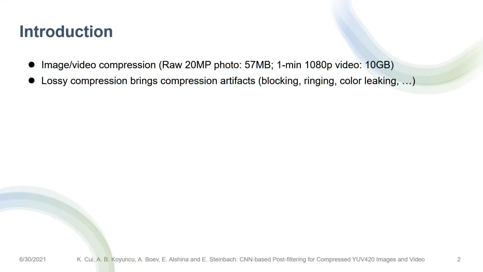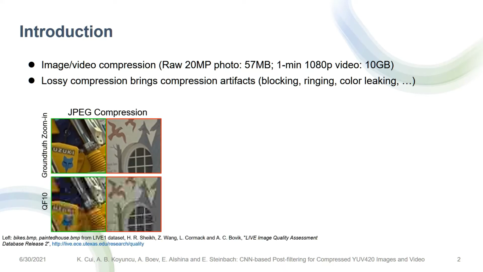However, lossy compression brings compression artifacts, like blocking artifacts, ringing artifacts, and color leaking artifacts. The left-hand side figure shows an image compressed with JPEG at a quality factor of 10.